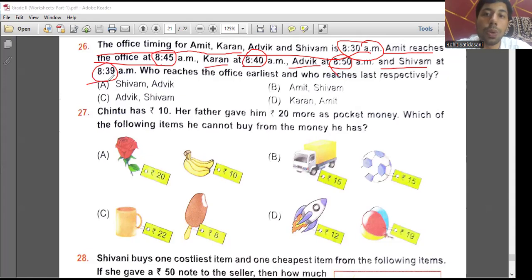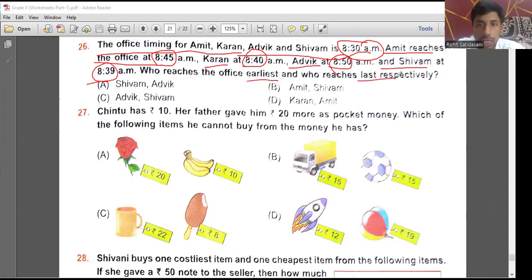Right? So out of them all, who is reaching earliest? Nobody is reaching on time, right? Everybody is reaching late. So we need to find out who is reaching earliest as well as who is reaching last.